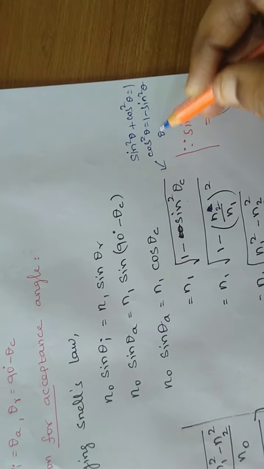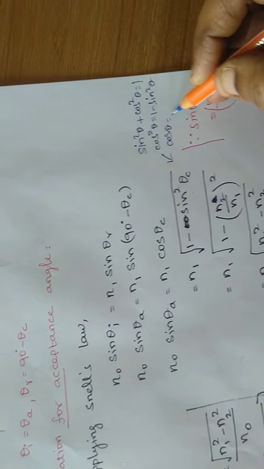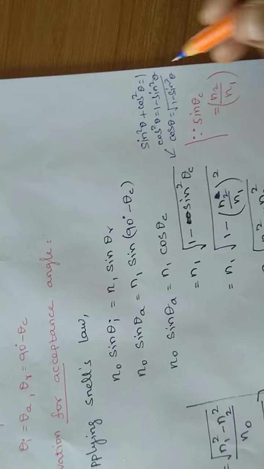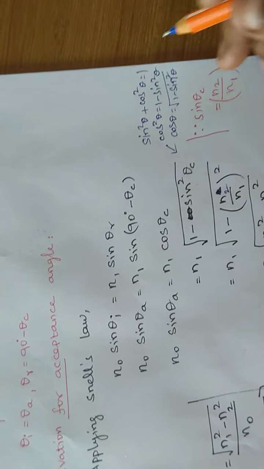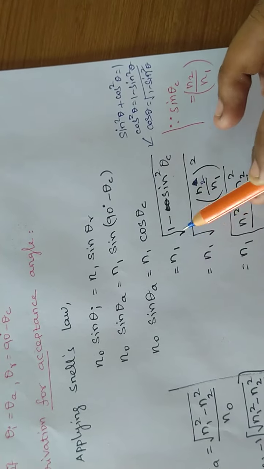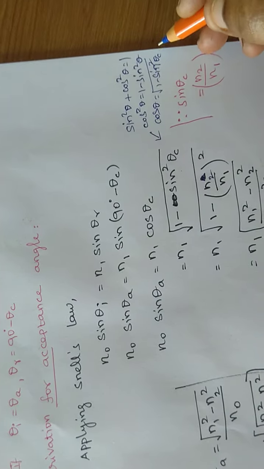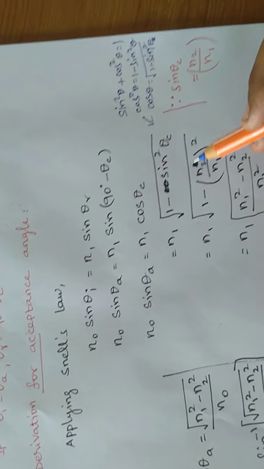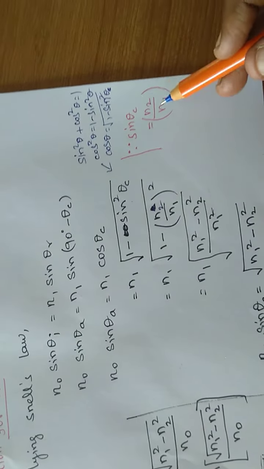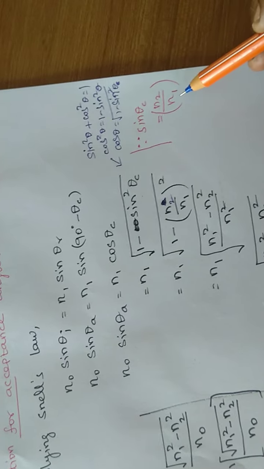Then cos theta equals the square root of 1 minus sin square theta. Just apply this formula here: N1 into the square root of 1 minus sin square theta c. Then for the sin square theta c value, we can apply the formula of critical angle, that is sin theta c equal to N2 divided by N1.